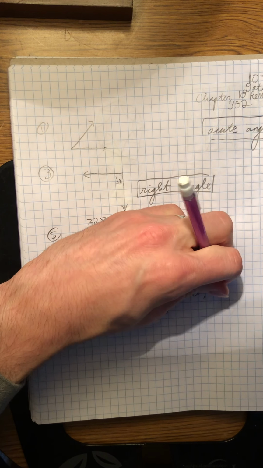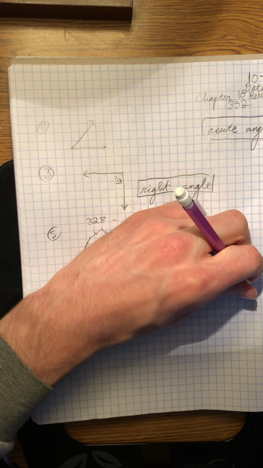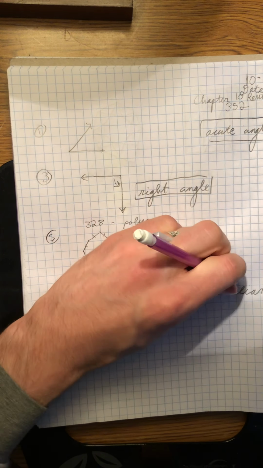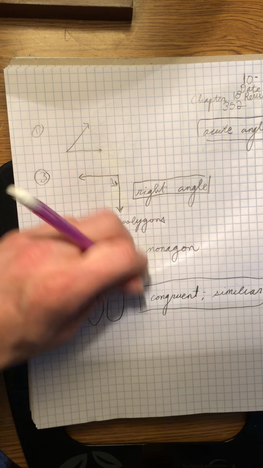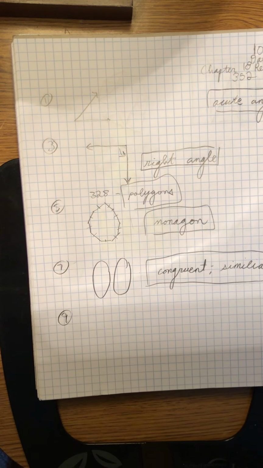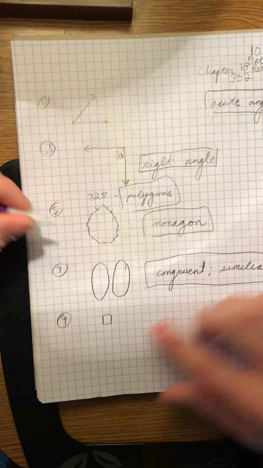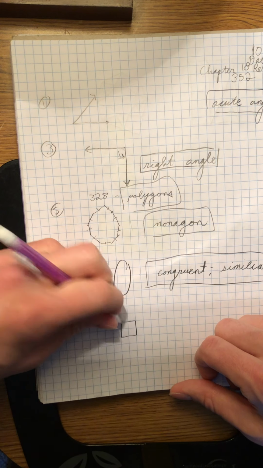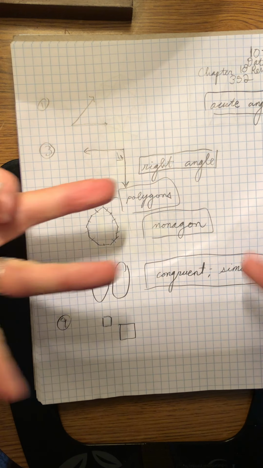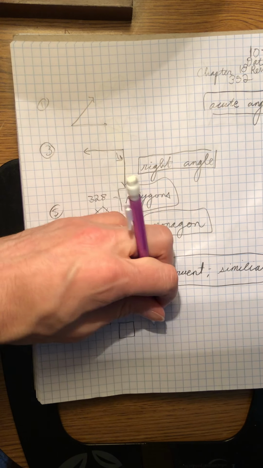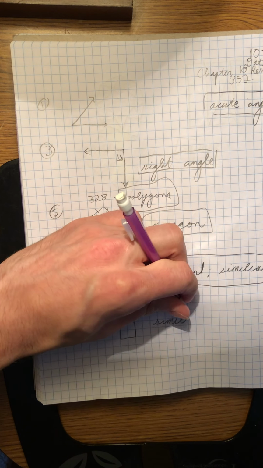And if they are congruent, they are also similar, okay? So that's your answer for that one. 9 gives you, first of all, a little square, then it gives you a bigger square. Same shape, different size. Okay, so these are similar, but they are not congruent.